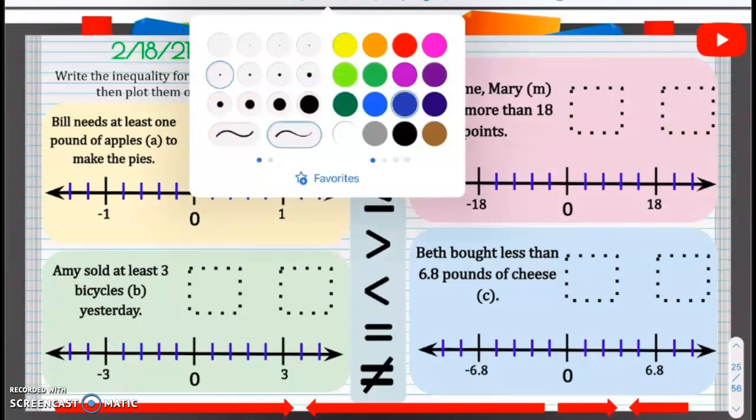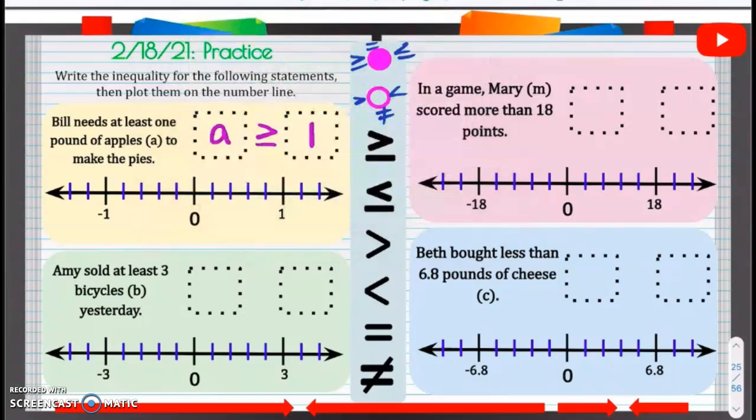So we are going to have a closed circle on that positive 1. The way the arrow is pointing, you can take a look at A as anything bigger than or equal to. It'll be anything to the right of that circle.